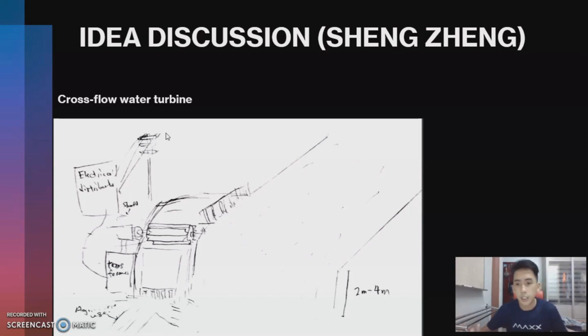The idea that I am going to propose is the cross-flow water turbine. The water flows from the river into the cross-flow water turbine, which is here.